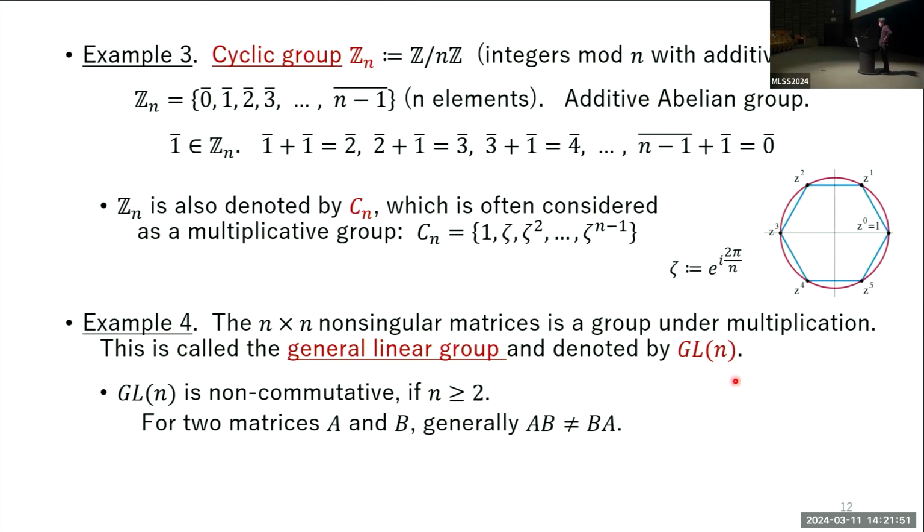And as you may know, because of the non-singularity in the definition, we have the inverse element, of course, and the identity matrix serves as the unit element or identity element. So this makes a group, but this is a non-commutative group if the dimension is equal to or larger than 2. Because as you know, in general, the matrix AB may not be equal to matrix BA. So this is a group, but it's not necessarily commutative.